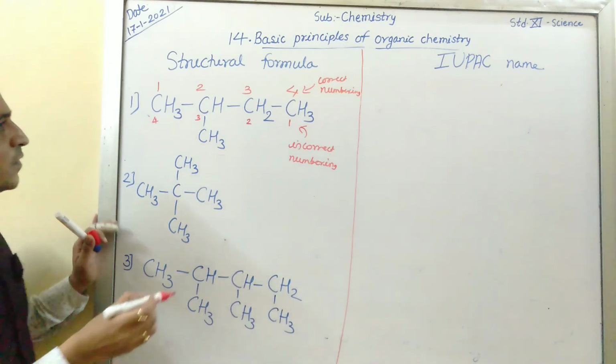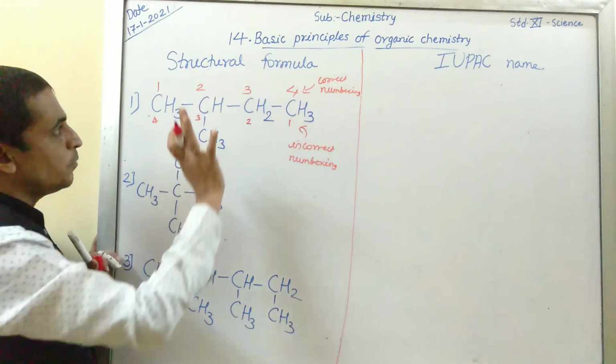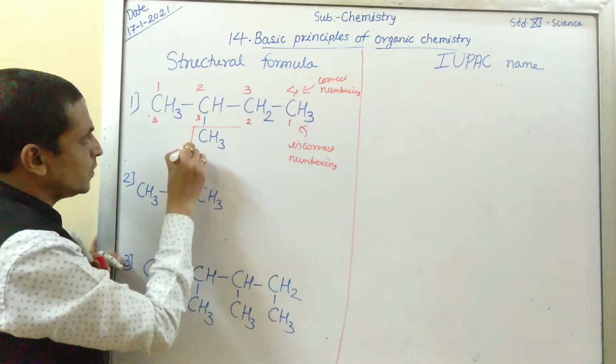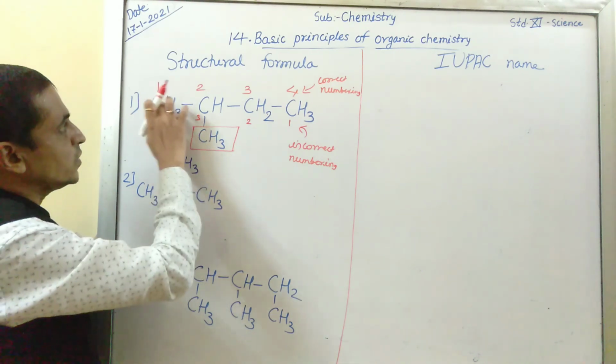Now the question arises, why is this incorrect numbering and this correct numbering? Because here this is a substituent. This carbon atom is not included in the longest chain.